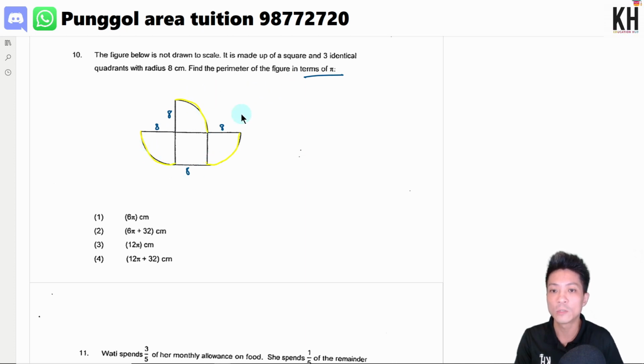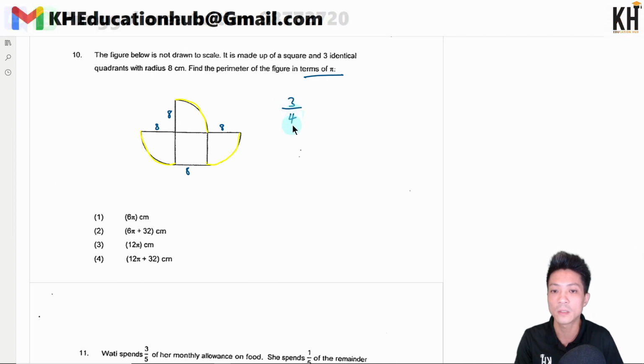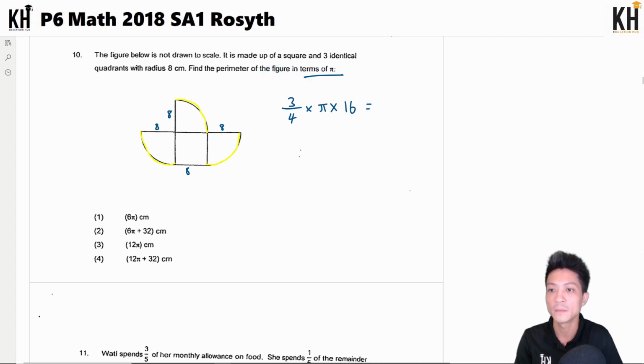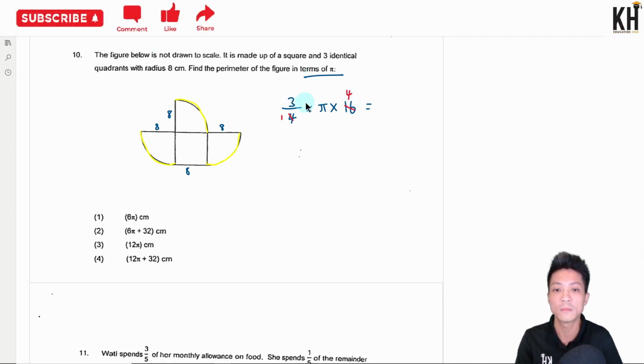So I'm going to find the total perimeter of the curved parts first. The total curved parts will add up to become 3/4 of a circle. So 3/4 times pi times the diameter is 16, right? Reducing, divide by 4, divide by 4. And that's going to give me 4 times 3, which is 12 pi.